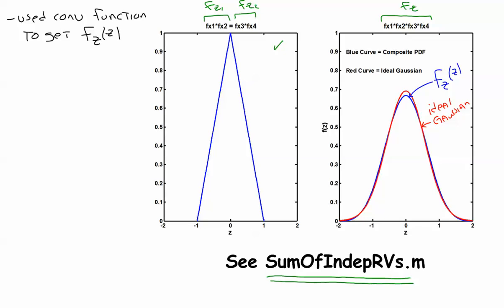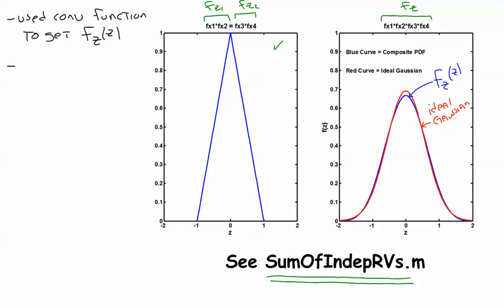I created a vector of values and created in MATLAB the triangle functions, and then I used the conv function to convolve the triangle functions. Unless you download and take a look at the lines of code in this M file, a lot of what I'm saying is going to be a bit confusing. Please do download it.